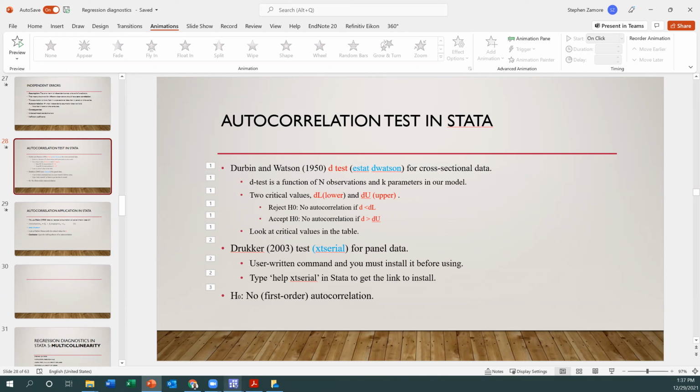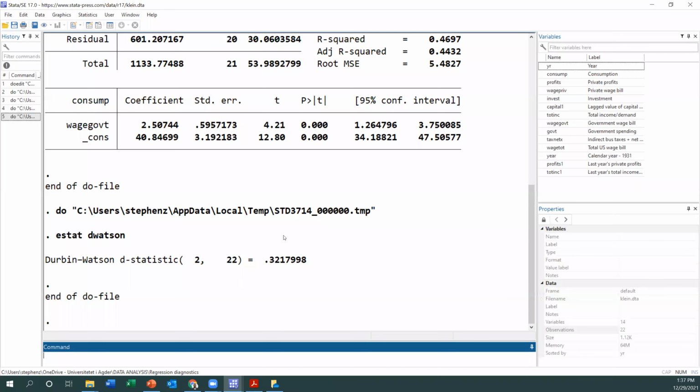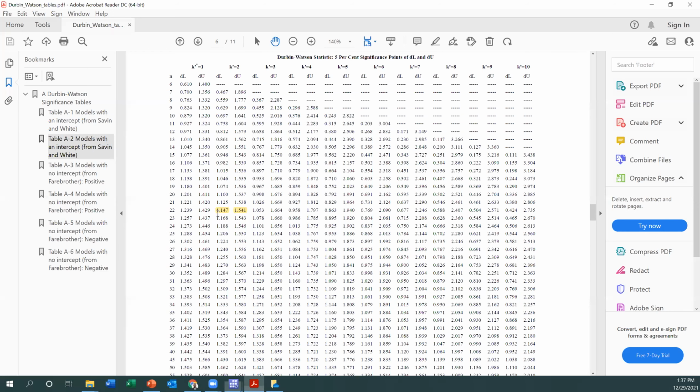So here d is 0.32, which is less than this lower bound. So we reject the null hypothesis of no autocorrelation. So we conclude that we have an autocorrelation problem in this model. And this is how we test for autocorrelation in Stata. Next, we will discuss the multicollinearity problem in Stata.